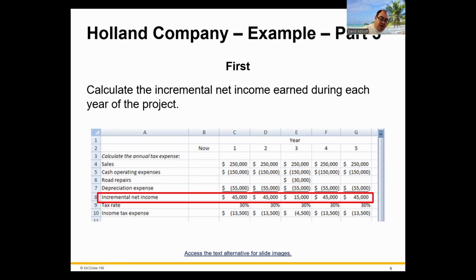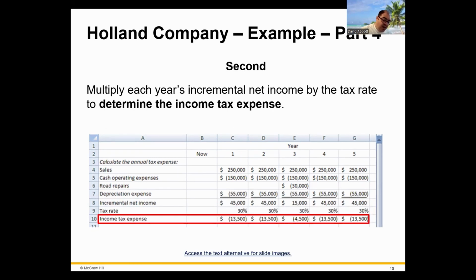The total for those years is broken down here on the Excel sheet that we see on our screen, but it works out to 275,000 divided by 5 years. And that's how we get that. Now, the incremental net income in years 1, 2, 4, and 5 is 45,000, whereas in year 3 it would be only 15,000.